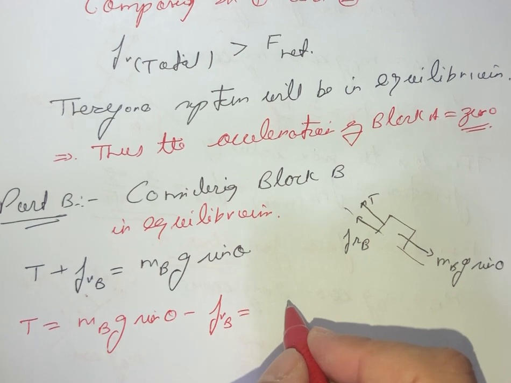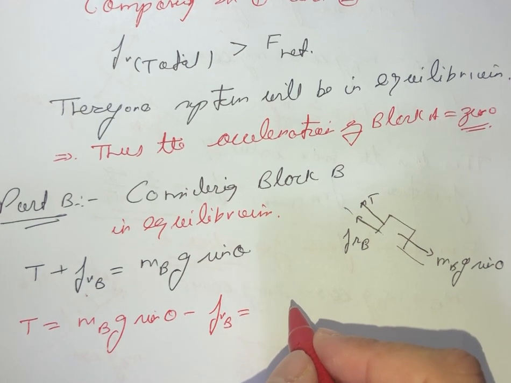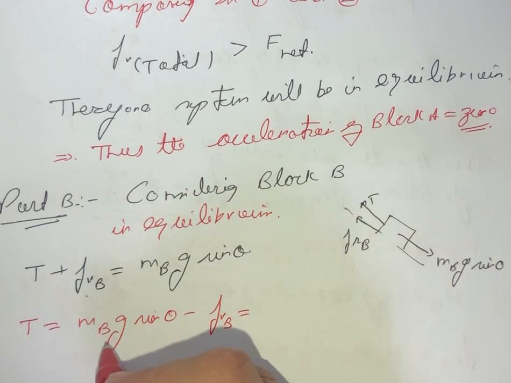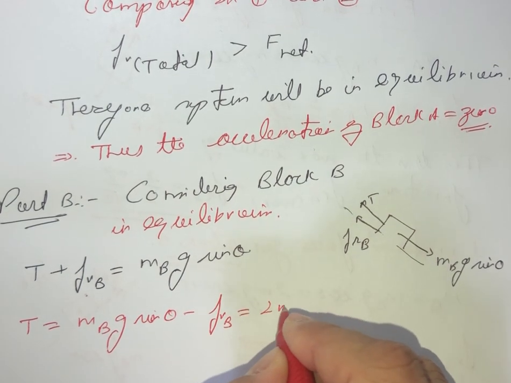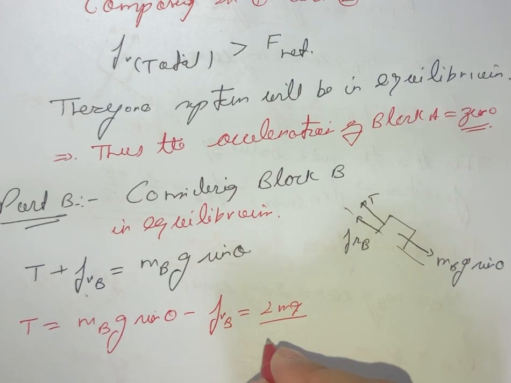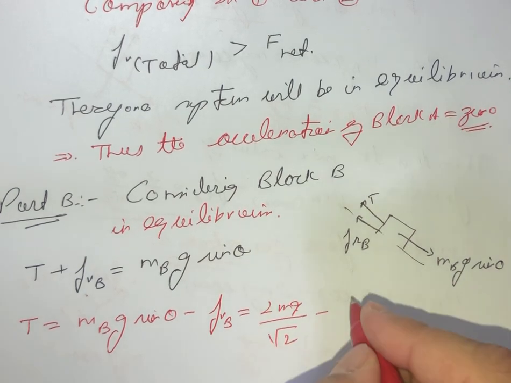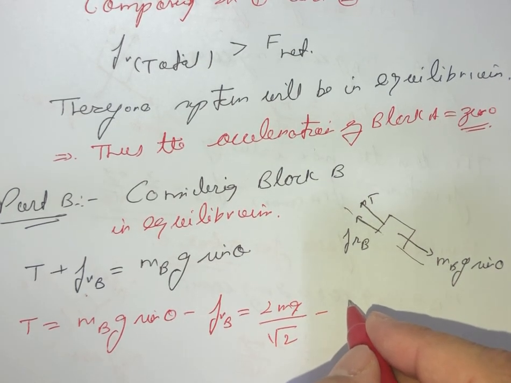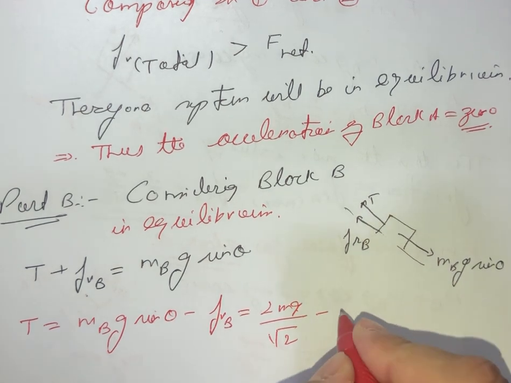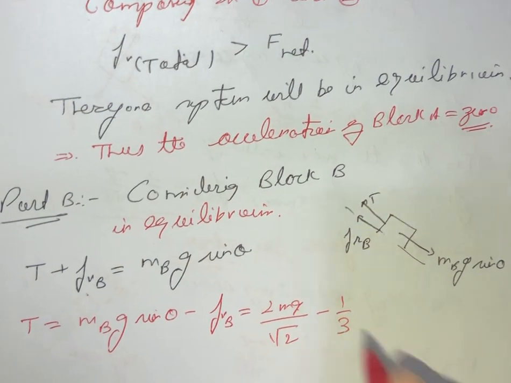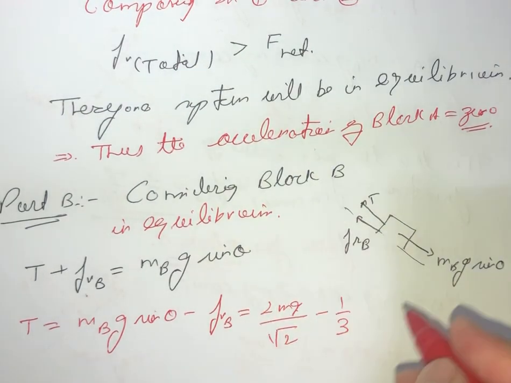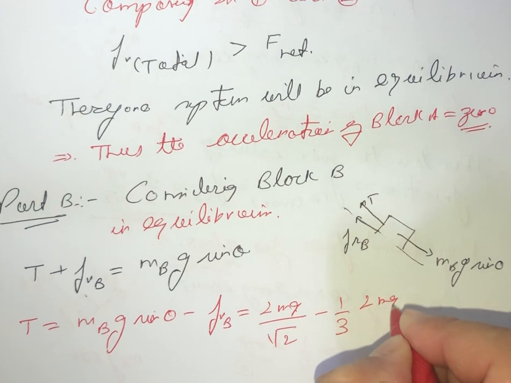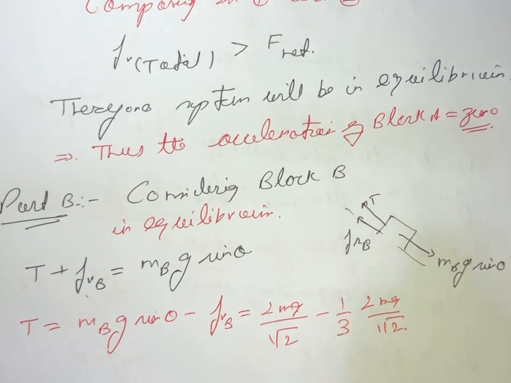We already know that mb is 2m, so this will be 2m sine of 45 minus FRB, which we already calculated as 2 by 3 mg divided by square root of 2.